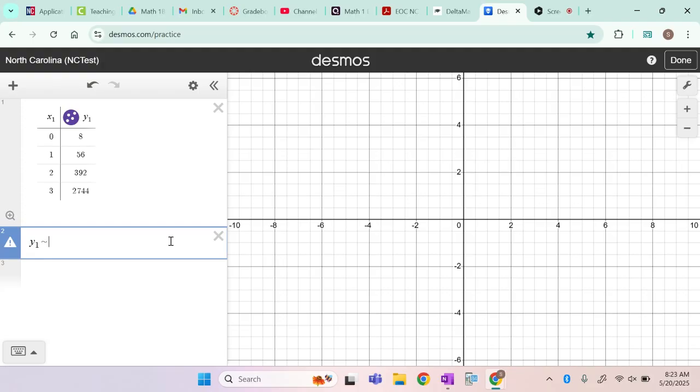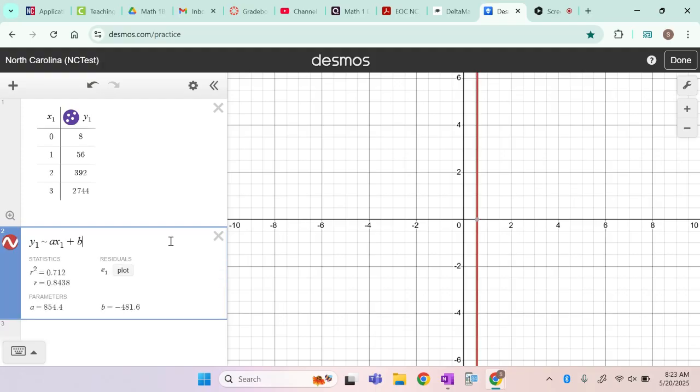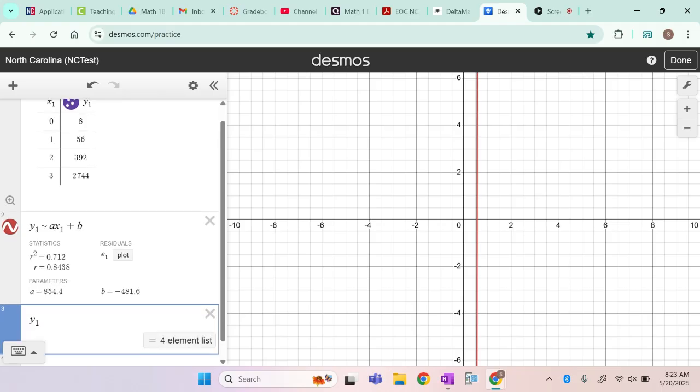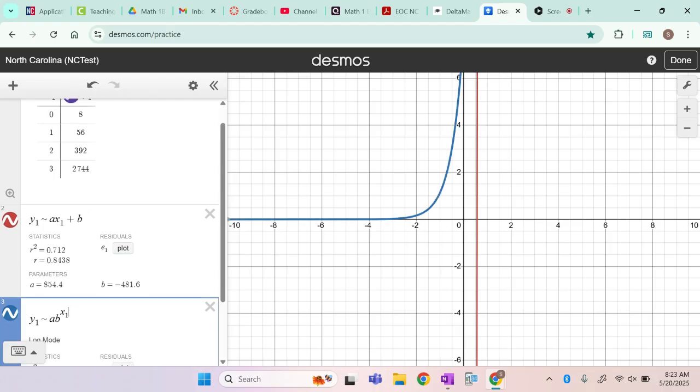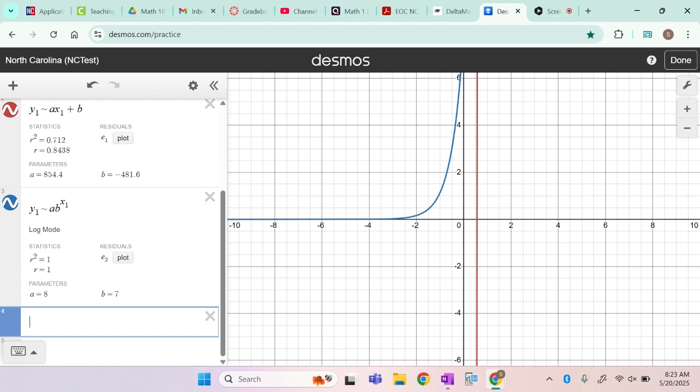So guys, everyone should be finding those regression equations. So I should hear a lot of key clickings. Remember, you want your R-squared value to be the closest to 1.